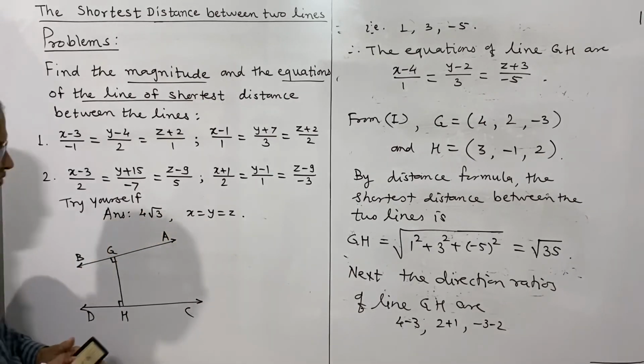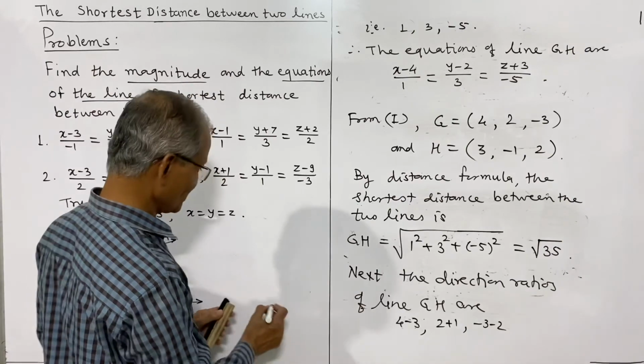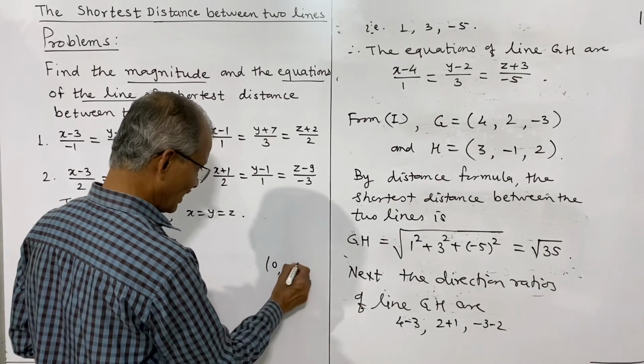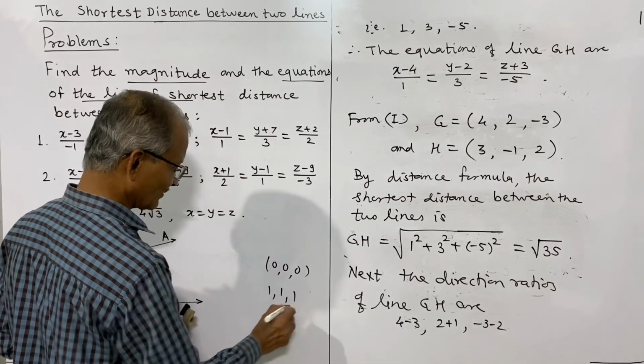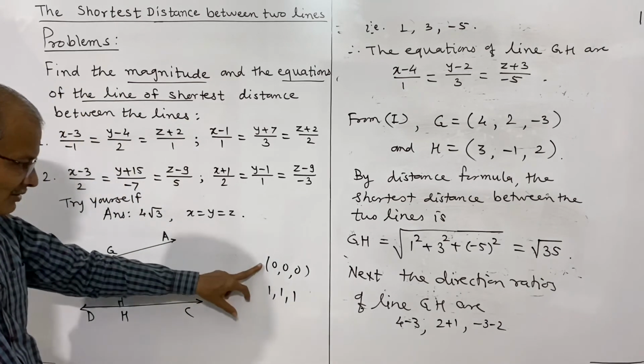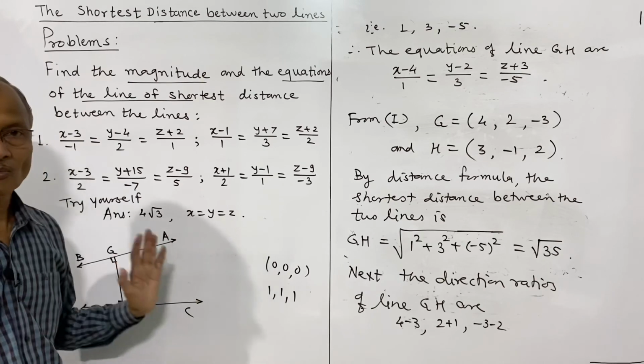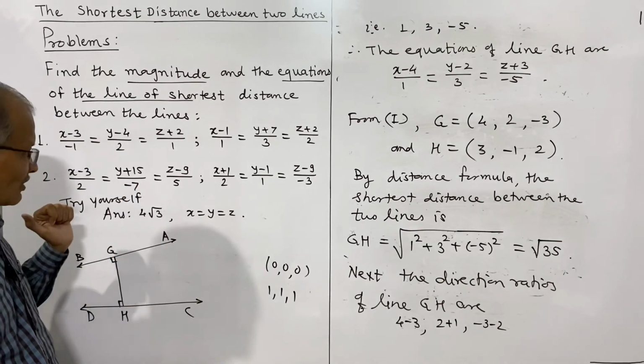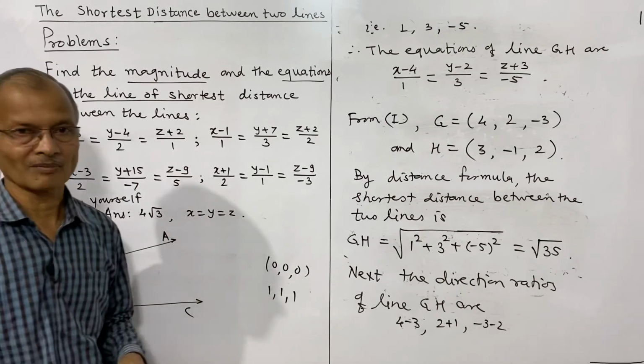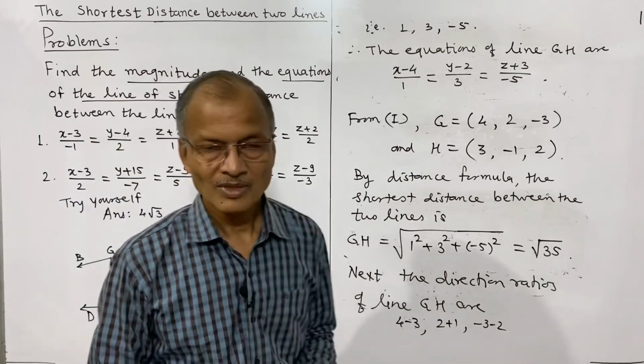Here obviously one point is the origin 0 0 0 and the DRS are 1 1 1, so the equation of the line passing through the origin whose DRS are 1 1 1 will be of this form. So you try the second problem yourself. The remaining part we will continue next time.